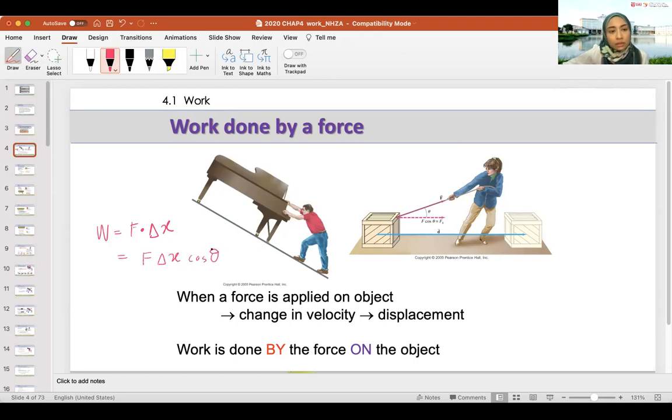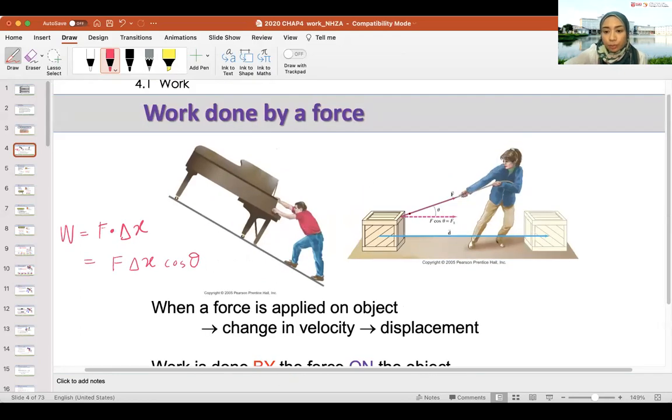Now, why is it a cosine theta? Because we want to know what is the force that is parallel to the displacement ataupun what is the force that is acting in the direction of displacement. So if you guys look at this one, you have this force, which is a pulling force, F pull, by this lady over here, and the box goes to the right. So this is the displacement of the box.